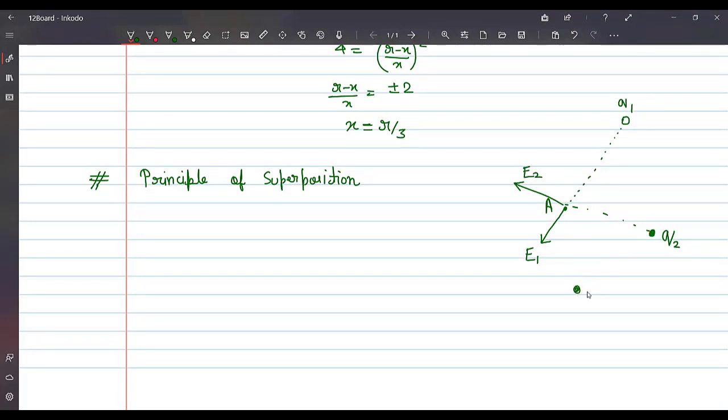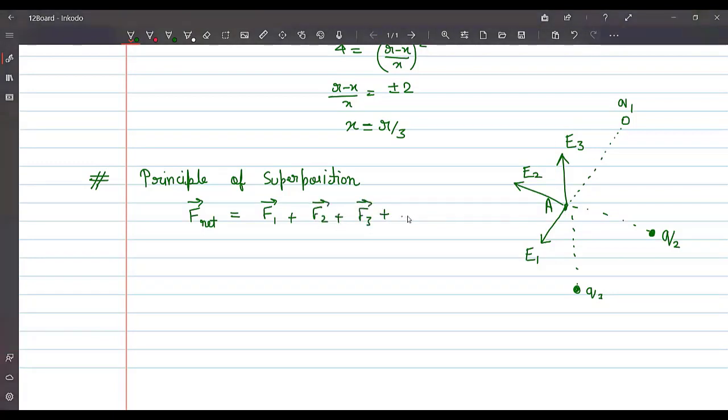Different charges will have field in different directions. But if I apply principle of superposition of forces, net force, if a particle was kept at A, was given as F1 vector plus F2 vector plus F3 vector.